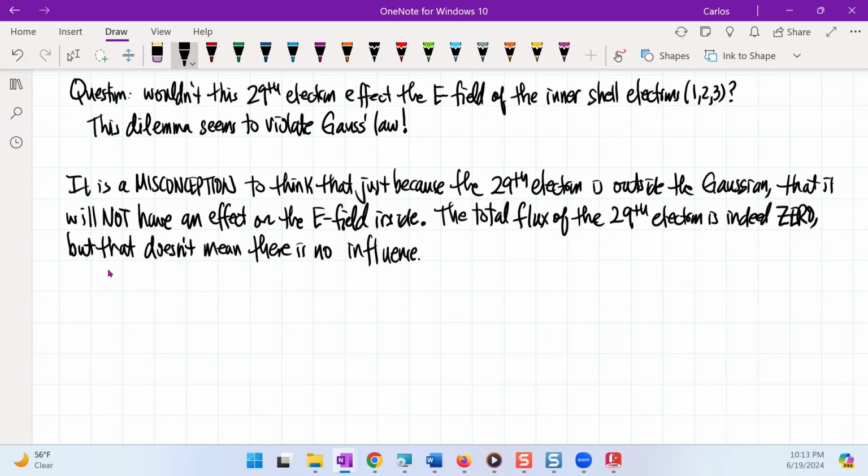So the misconception is that people mix up flux with the electric field. So let me give you an example here.